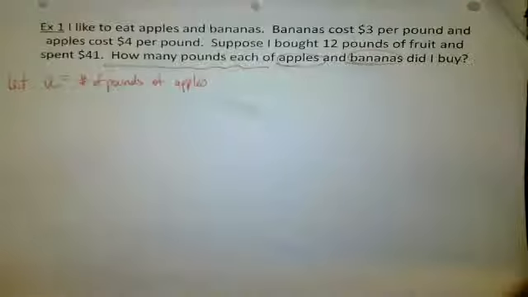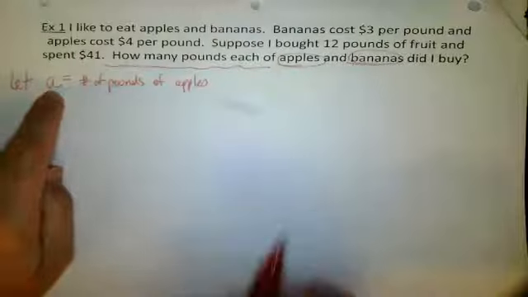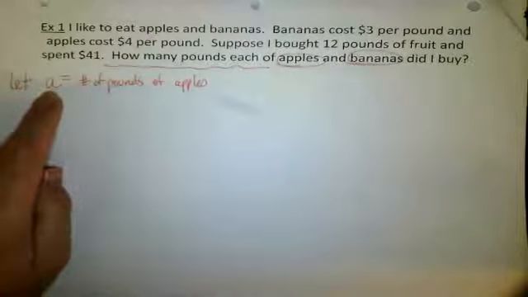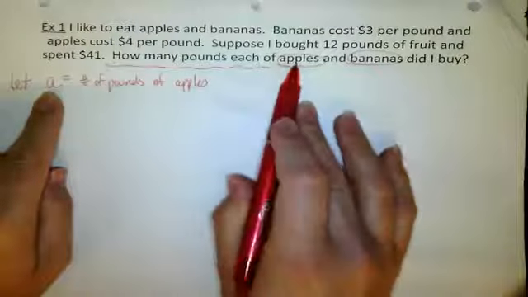You'll notice I didn't use an X or a Y. X and Y are 100% generic and meaningless. So when we have an application problem, it's much better to use letters that match what you're trying to find.